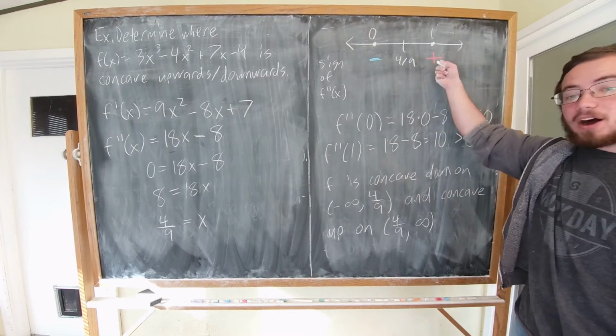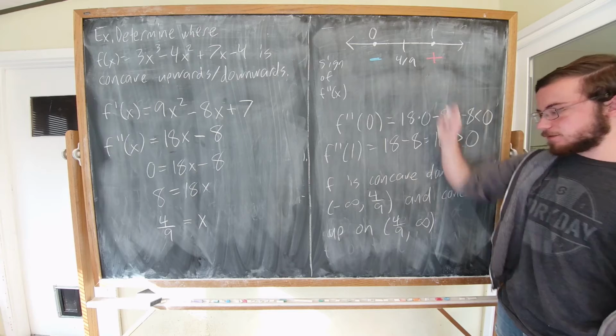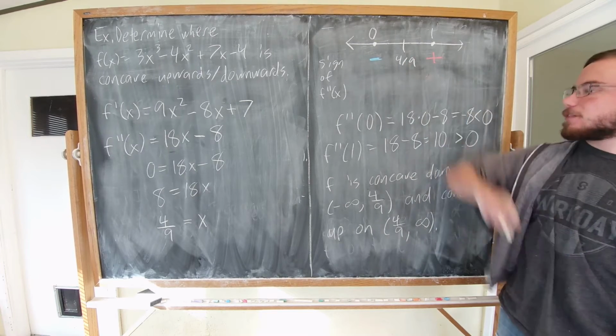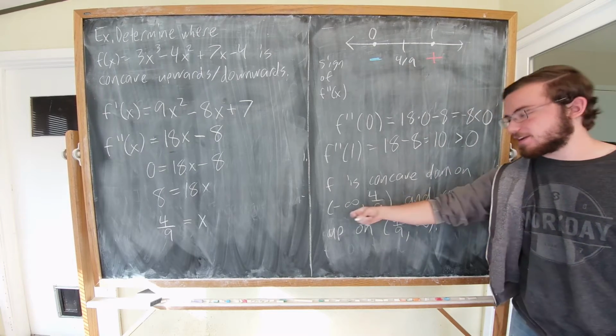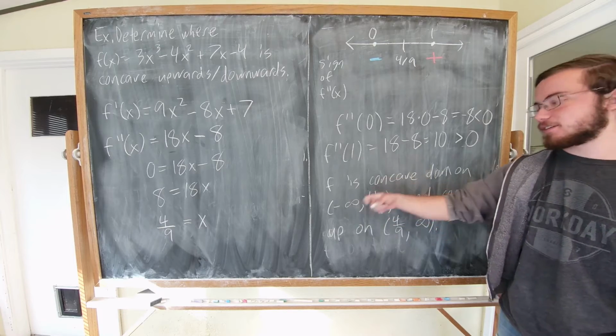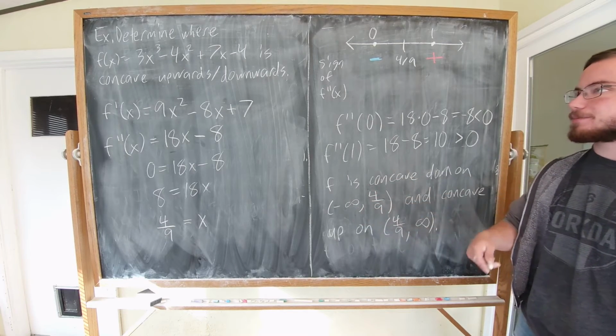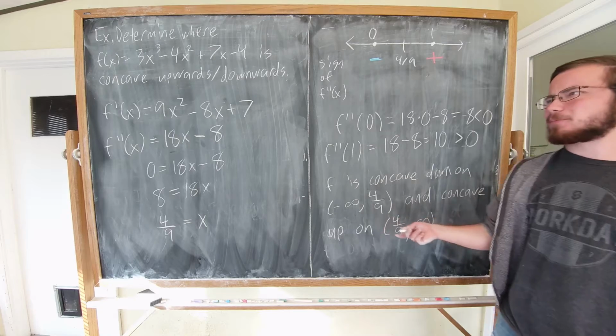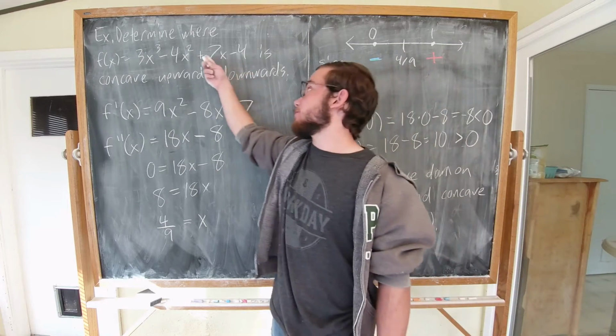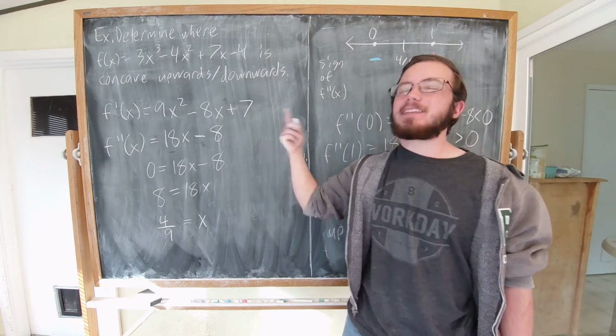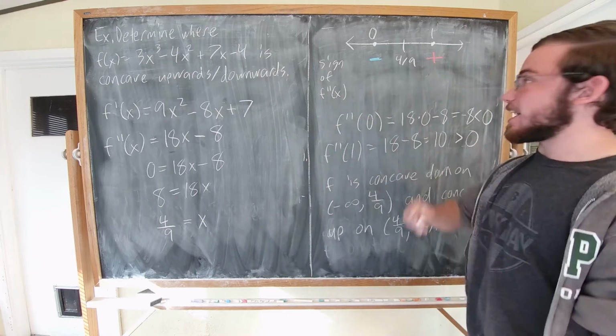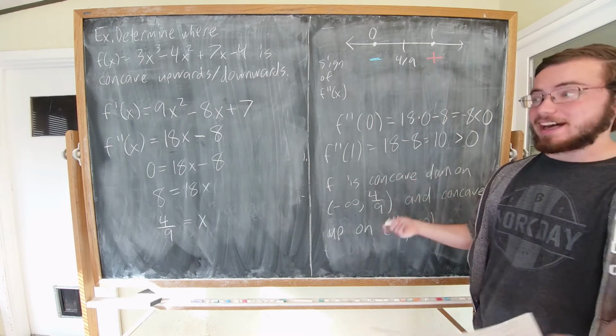Because we are positive, aka concave up, for 4/9 to infinity, negative, therefore concave down on anything less than 4/9. So negative infinity to 4/9. Nice and simple problems, especially because, at least with polynomial functions, right? The more we take a derivative, the simpler the function gets, so this analysis becomes progressively less bad.